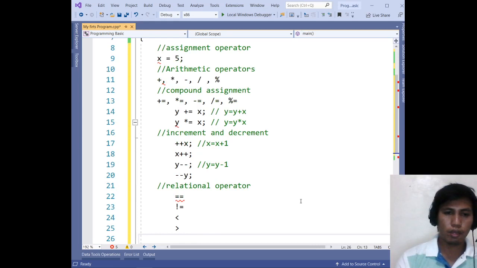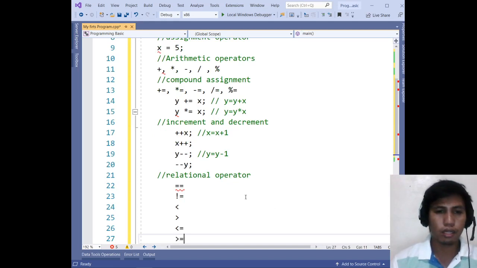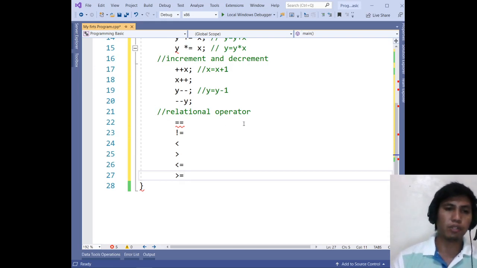We have less than or equal, or greater than or equal. So these are for relational operations. So this relational operator can be used to evaluate or compare, I should say, compare two expressions. So you can use this one to evaluate two expressions.